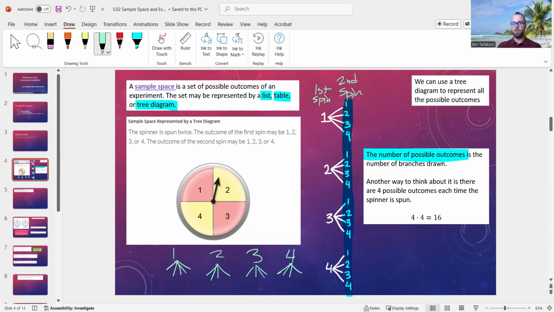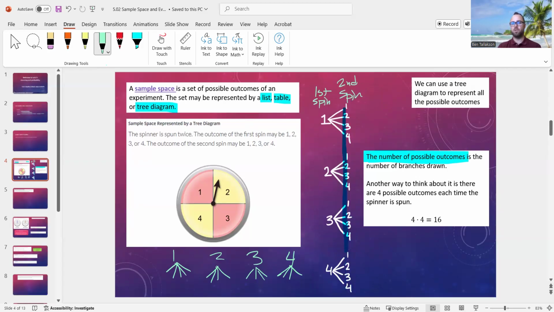Okay, so you could look through all these and count. 1, 2, 3, 4, 5, 6, 7, 8. That's pretty tedious, though. It's quicker to use multiplication to work smarter, not harder. Here we have 4 groups of 4. So we can multiply 4 times 4 to find out there are 16 possible outcomes based on spinning this twice.